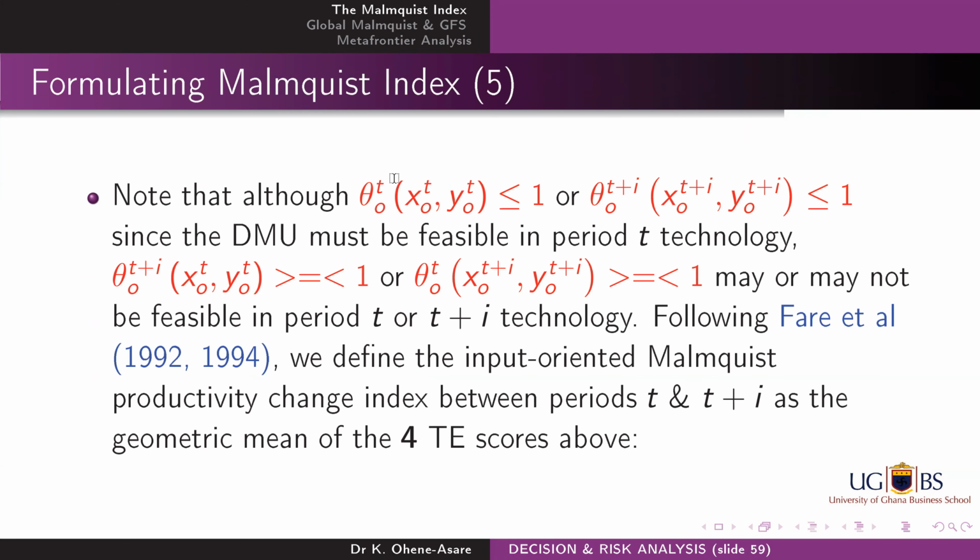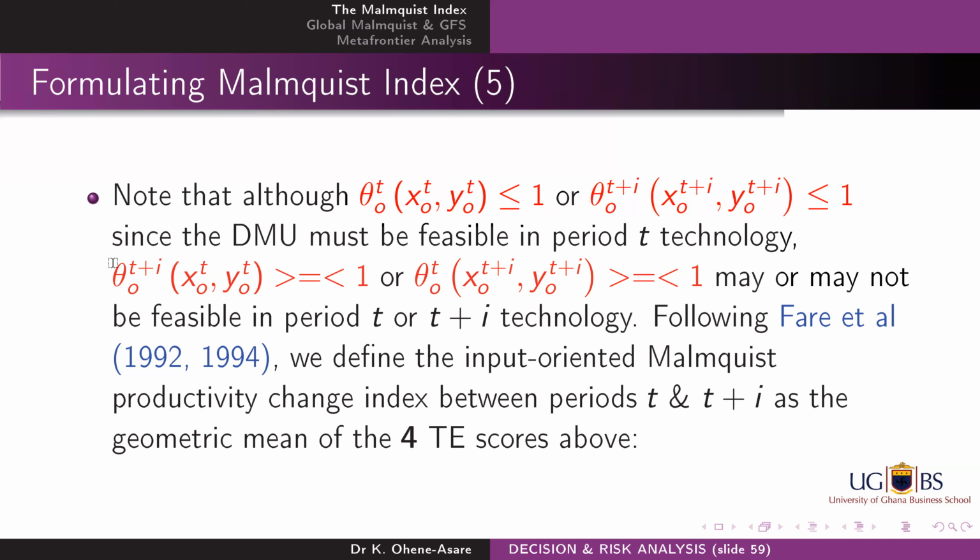Here are some important points to realize. If you look at the own period efficiency scores, you will notice that they are all 1 or less in an input orientation, whether it is year 1 or year 2. That is because you are inside the frontier.